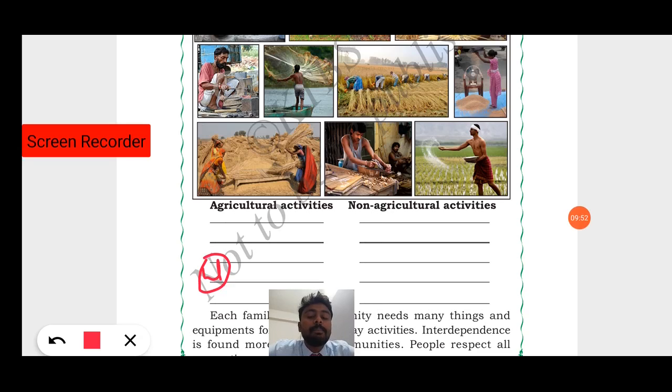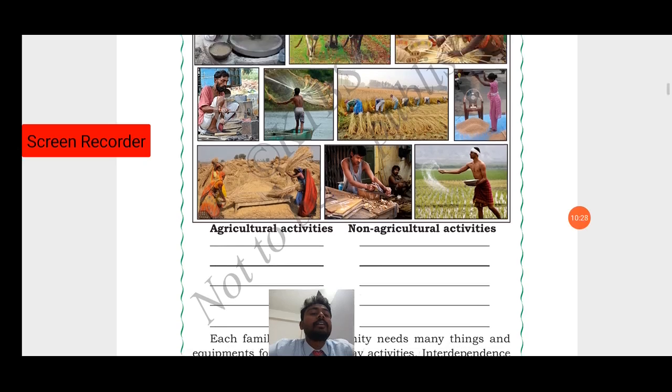Ploughing spelling: P-L-O-U-G-H-I-N-G, ploughing the land to grow crops. Understand? Okay, next, fifth one, harvesting the crop. Spelling: H-A-R-V-E-S-T-I-N-G, harvesting the crop. Okay. So these are the agriculture activities.